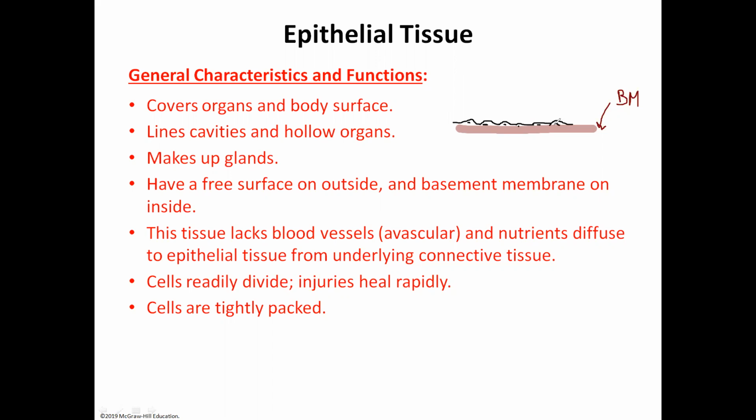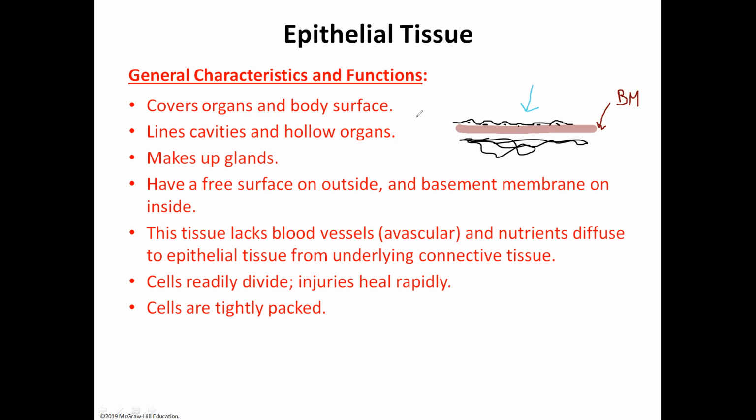They have a free side on the outside, so that it's not attached to anything. And then we have this basement membrane that's going to anchor it to something below it, pretty much another tissue.